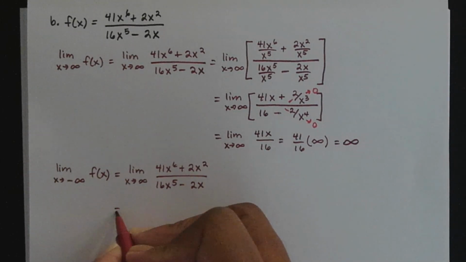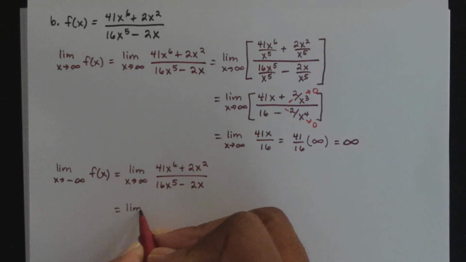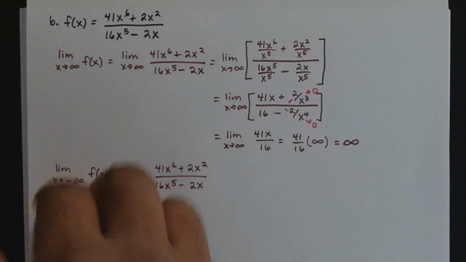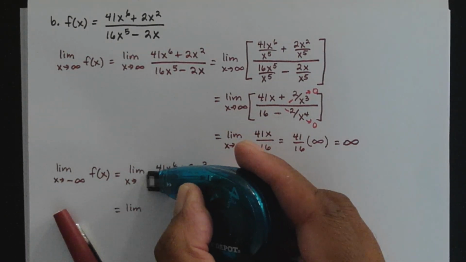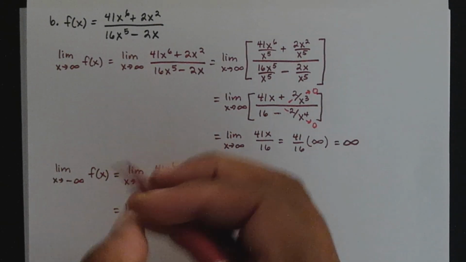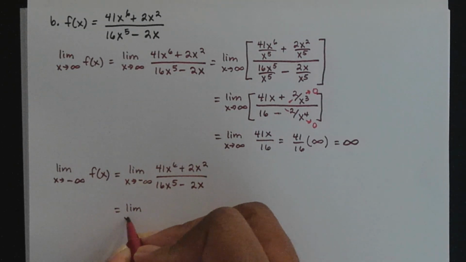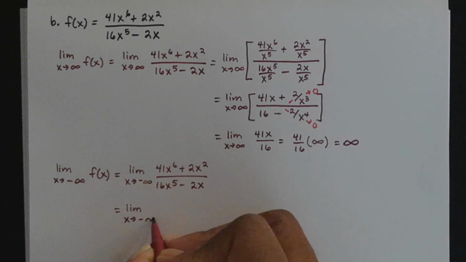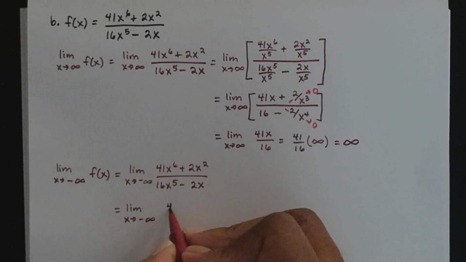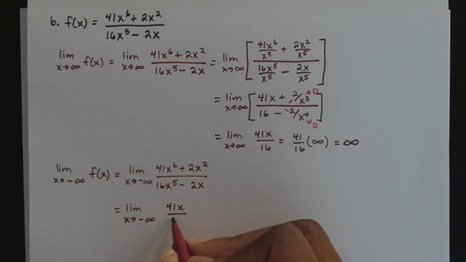So this means that the limit, and this should be negative infinity, by the way, as x approaches negative infinity of this will end up being 41x over 16.